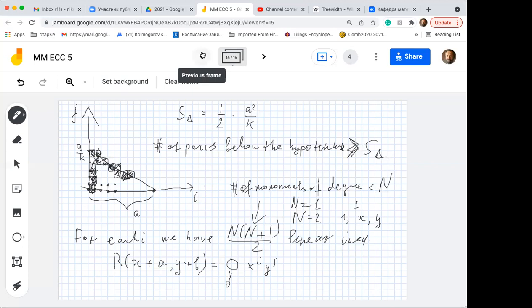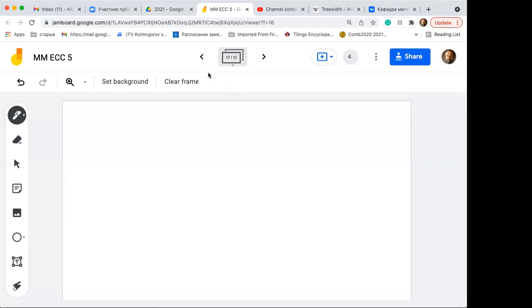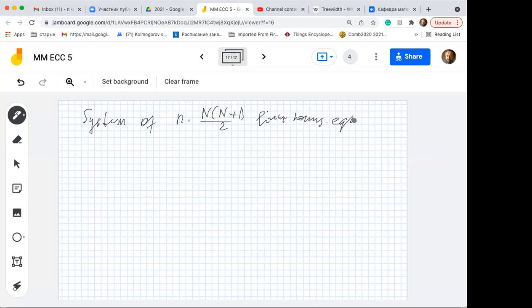So in total we obtain a system of N times N plus 1 over 2 linear homogeneous equations, and the number of variables is larger than A squared over 2k.